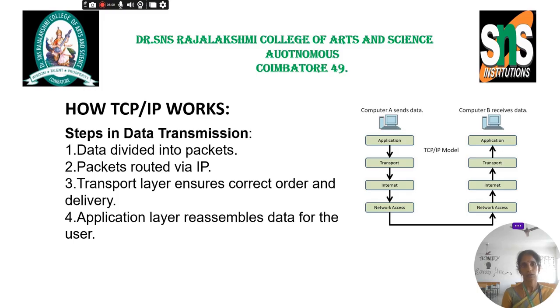The transport layer ensures the correct order. That means the order in which I am sending should be received in the same order. So the sending and receiving order can be acknowledged by the transport layer. Application layer, it reassembles the data for the user. For example, if I need some data in a particular format, the application layer will reassemble the data in my format.